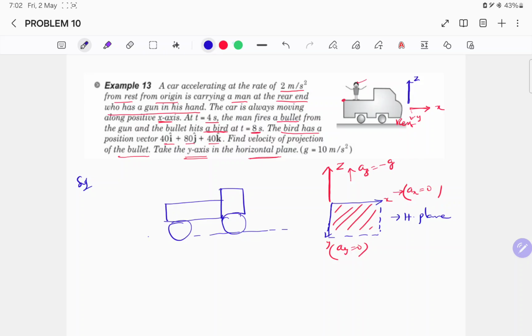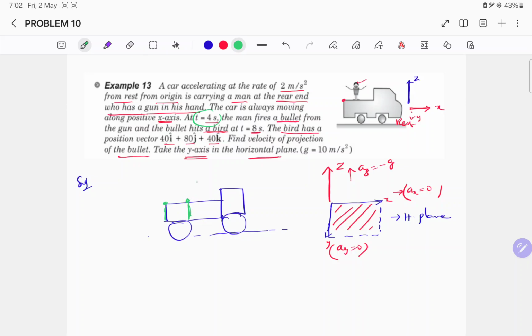And see, this person, a boy who is holding the gun, because he is a part of the trolley or car, if this end comes to this place in 4 seconds, even he also would have traveled to the new position.